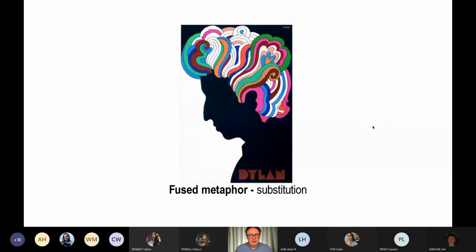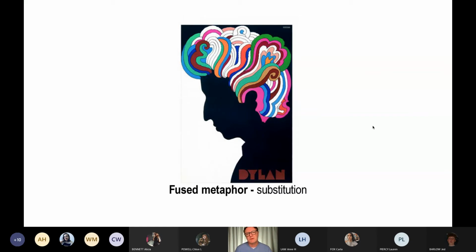Here we have a substitute metaphor, the silhouette of Bob Dylan, where the hair has been substituted to give the theme and subject of the psychedelic era that the music belongs to. We haven't added hair that wasn't there.